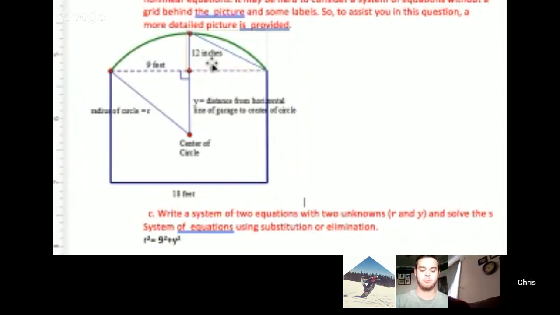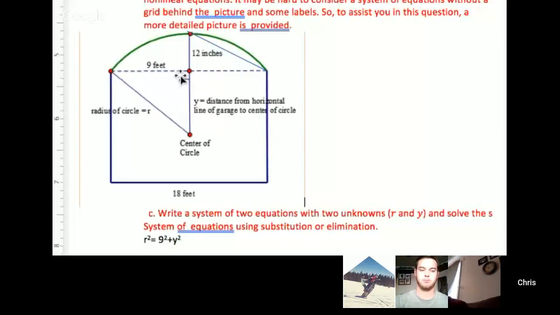Say we could solve this triangle up here. Would that work to solve this triangle down here, or no? No, because I'm pretty sure that the 12 inches is at least a foot, and I'm sure the garage is probably at least 7 or 8 feet high.